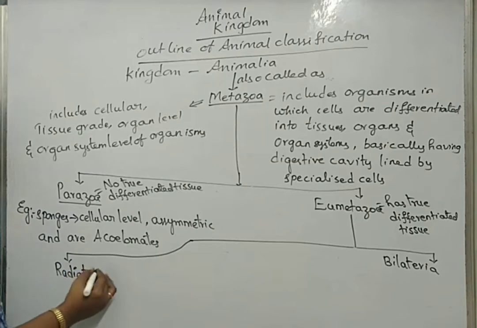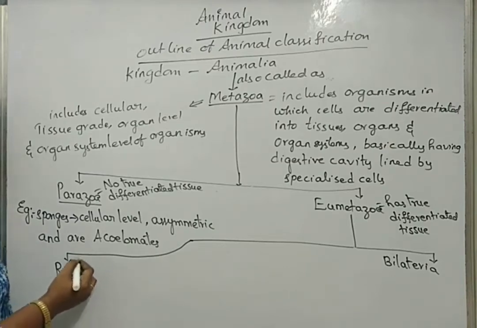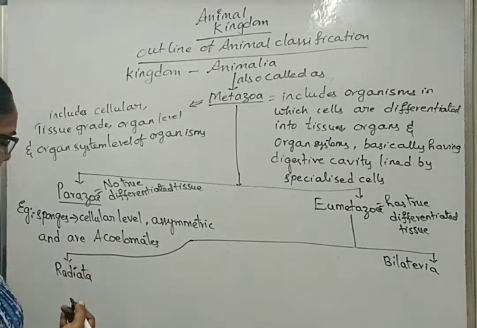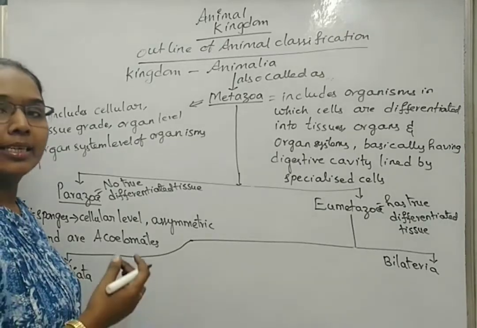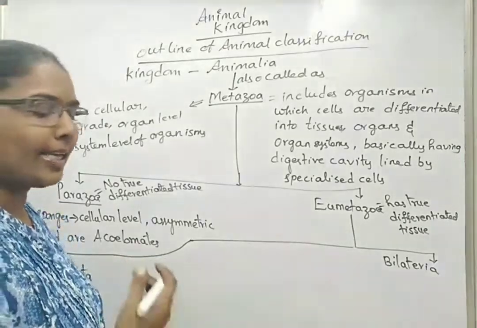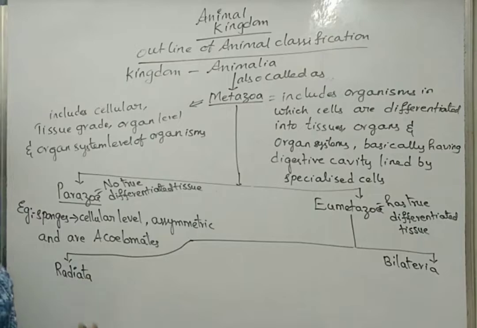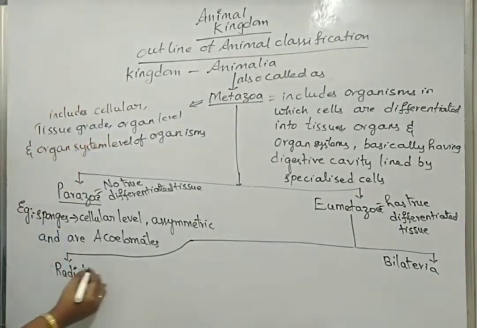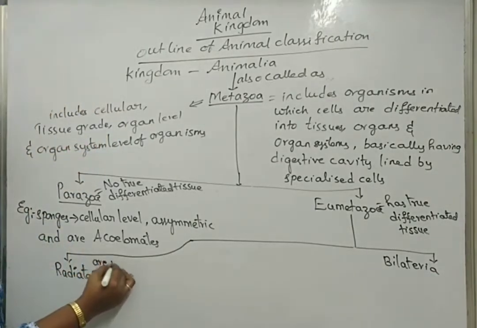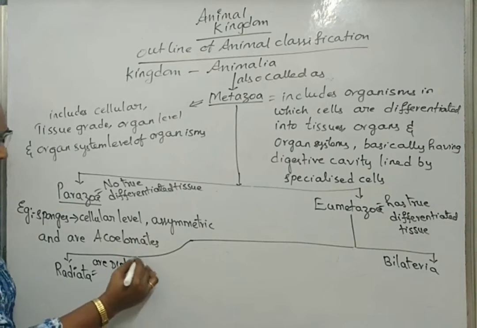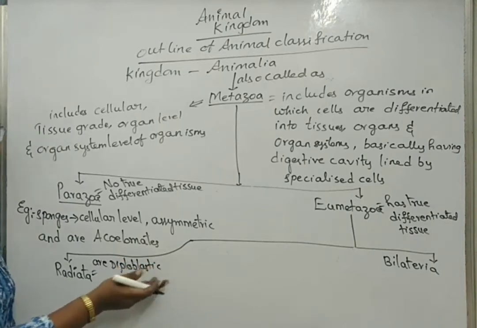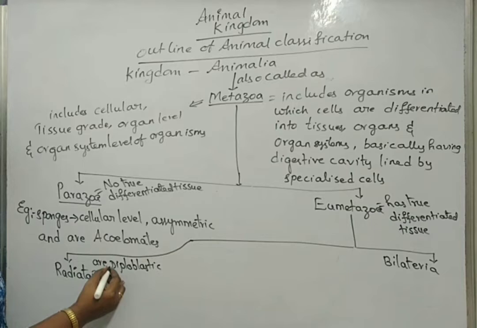Under radiata, we see different types of organisms like ctenophores, cnidarians, and adult echinoderms. These are diploblastic. We will see the meanings of the terms clearly one by one.